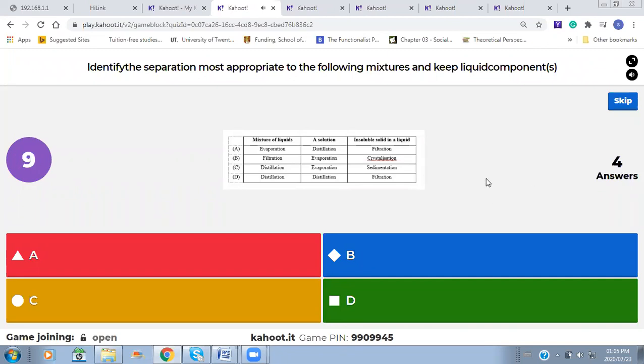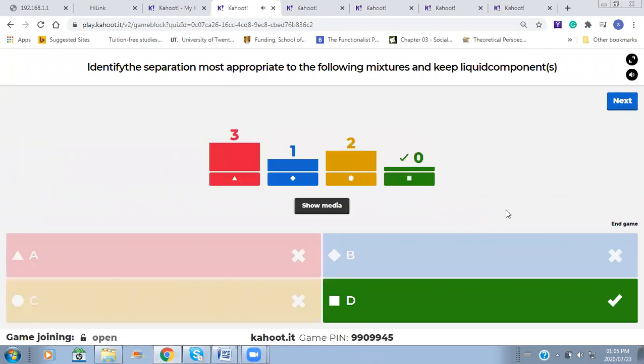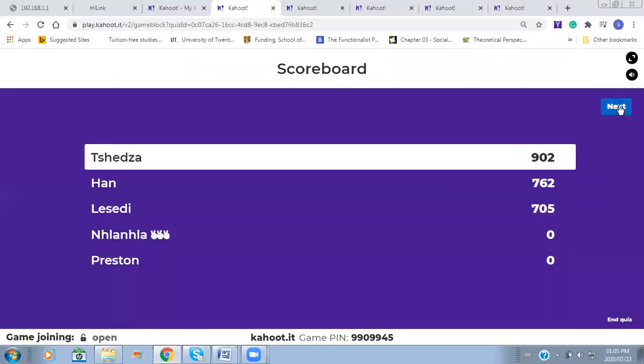And if they are also insoluble, the clock is ticking. Let's do this. Okay, there we go. No one answered. The correct answer is D, but most of you were referring to A, so you got it wrong. Let's go to the next question.